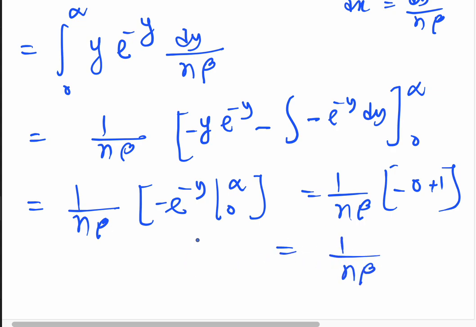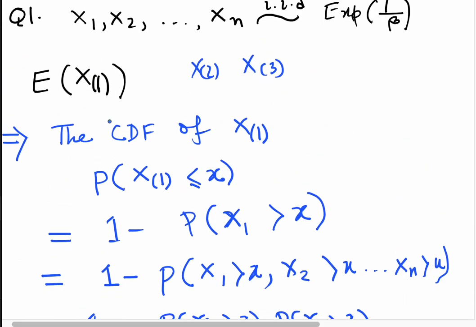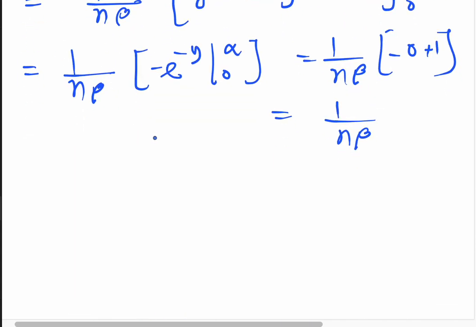So the expectation value of the first order statistic is 1 by n beta. That is the answer to the first question.